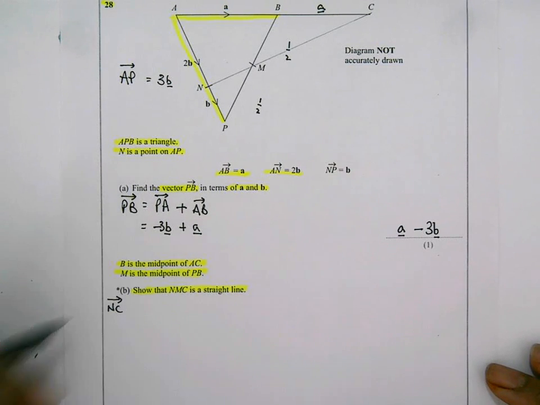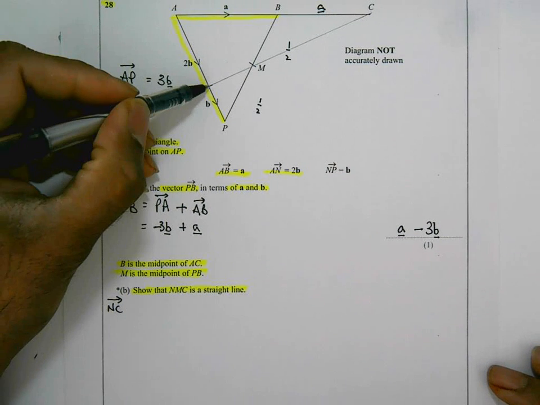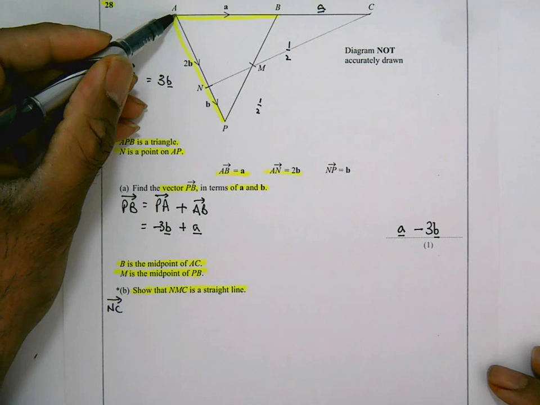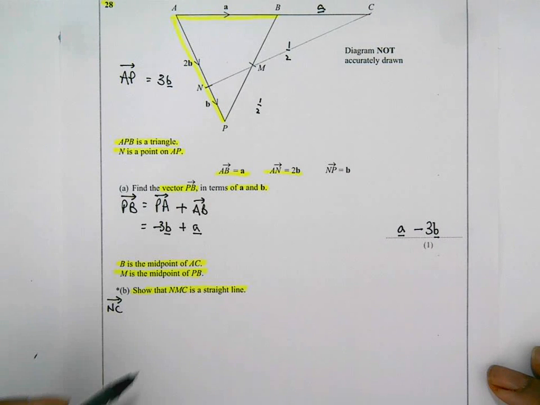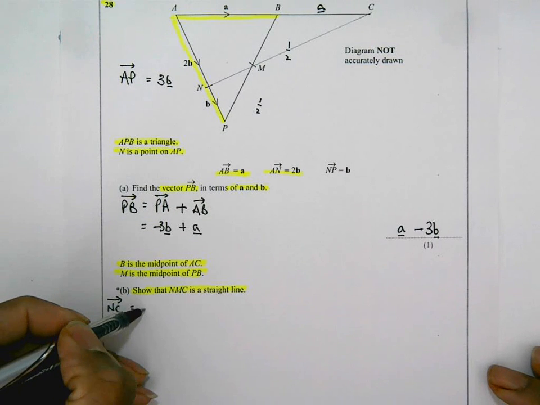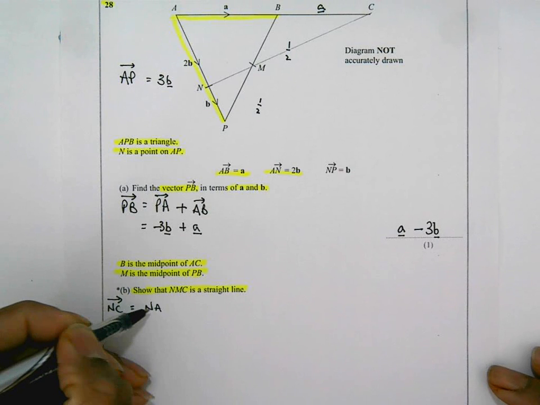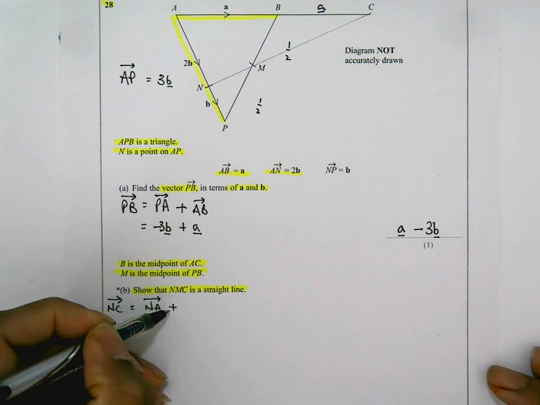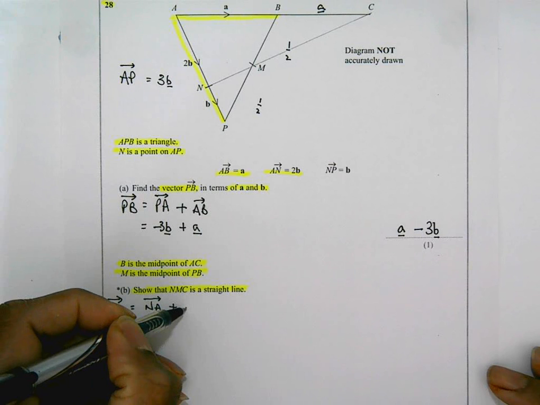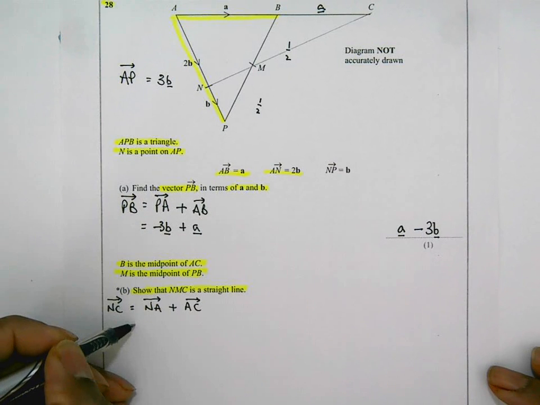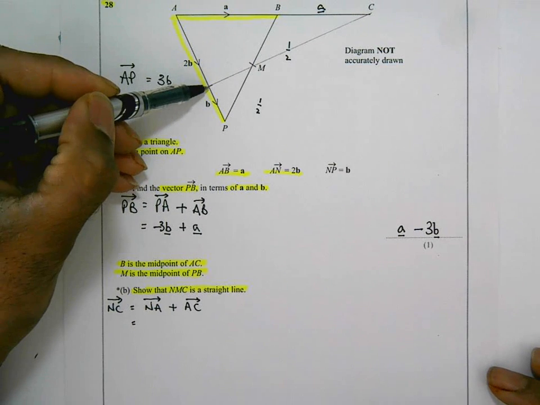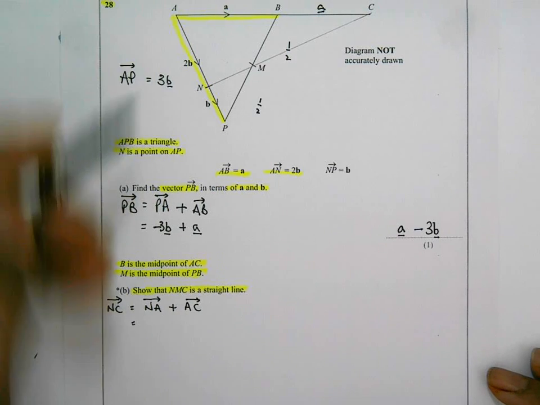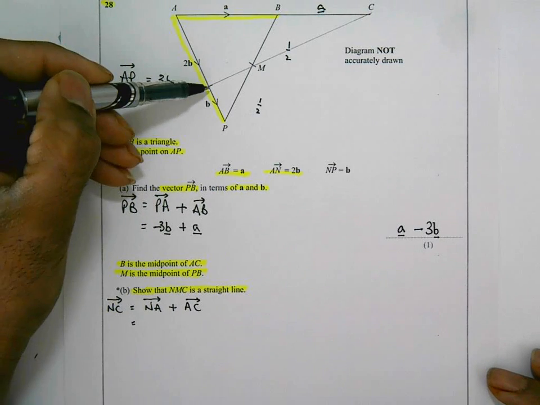Now to get from N to C, I need to go from N to A, and then from A all the way across to C. So I'm going to put that in there, N to A, and then all the way across from A to C. Now N to A, I could see that on the diagram. N to A is 2B, but it's minus 2B because I'm going against that arrow.